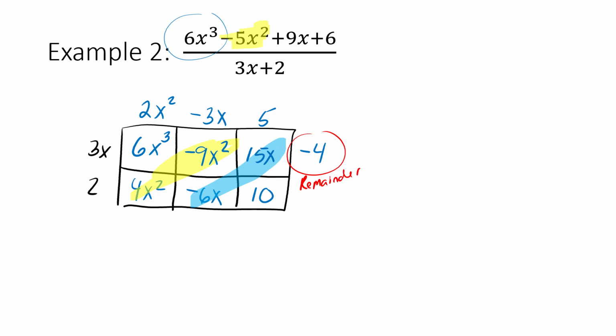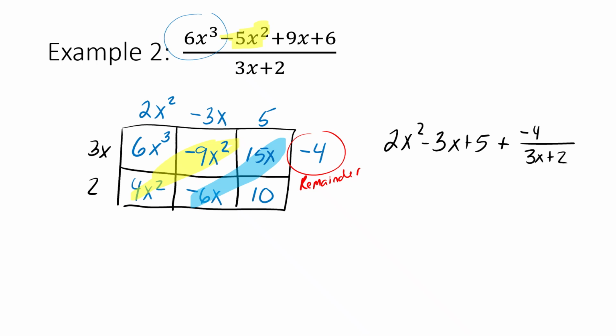So when we go to write the final answer for the problem, we're going to have 2x squared minus 3x plus 5 plus negative 4 over the divisor, which is 3x plus 2. And that was that other little piece of information that I went over with you, which is when you divide, you can write it as the fraction.